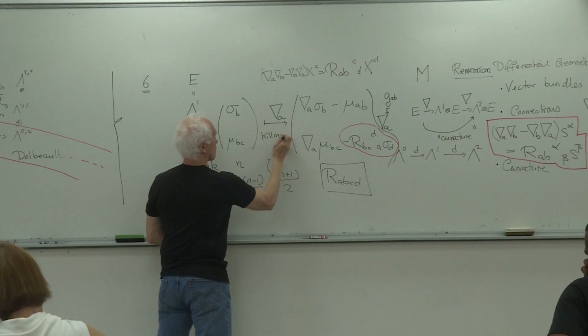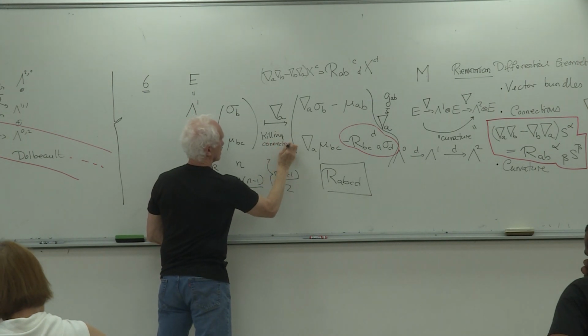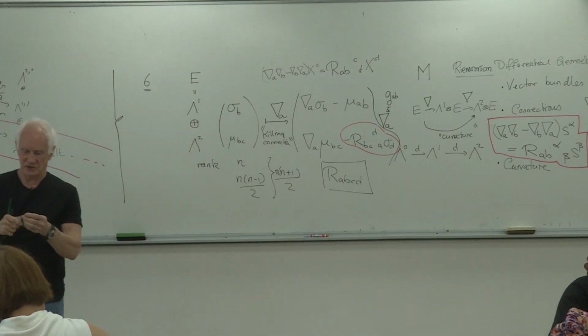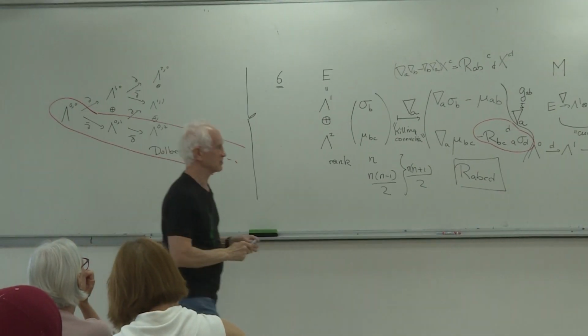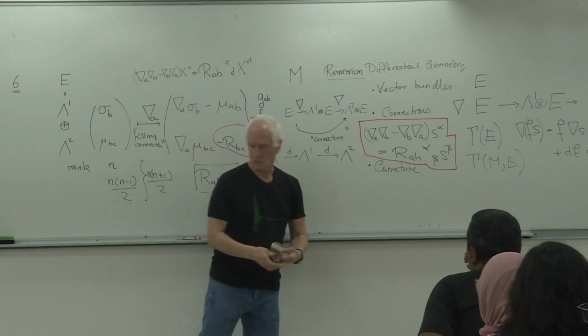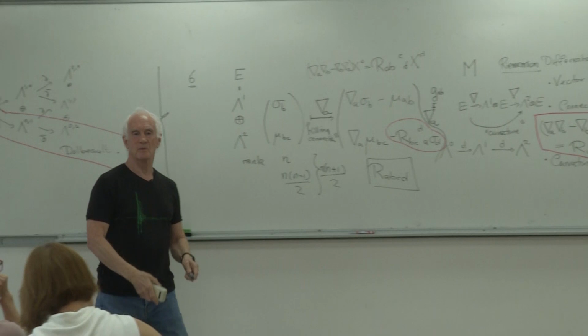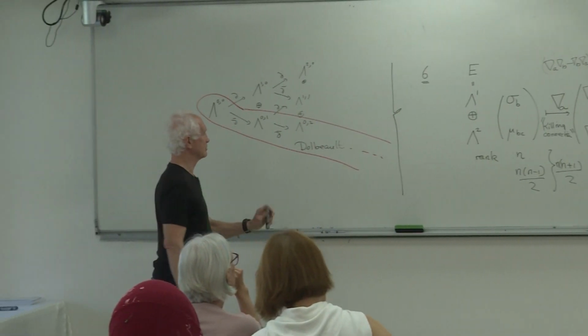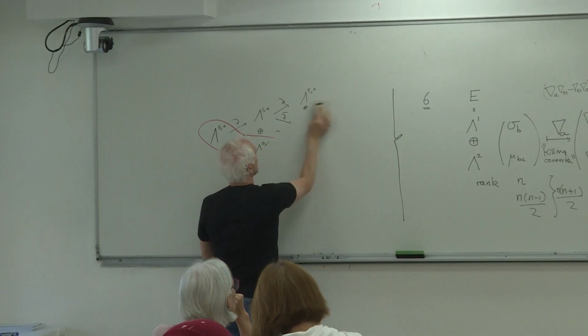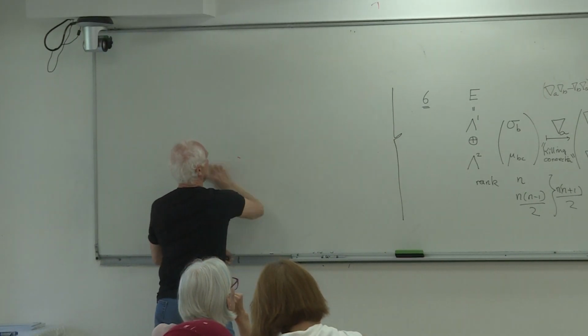Right? And then, I'm not sure who the Killing connection is due to. Might be due to Kostant. But all of this is part of a much more general story. But the Killing connection already is extremely useful.